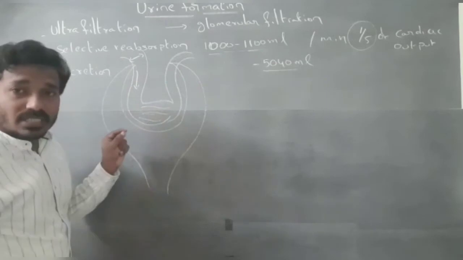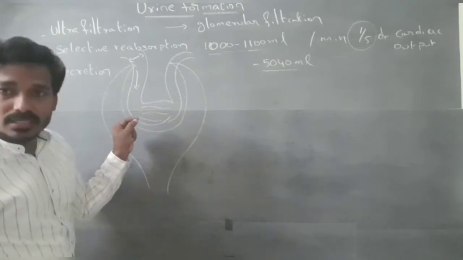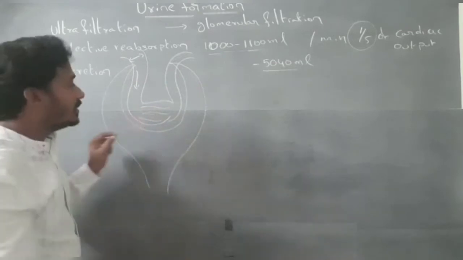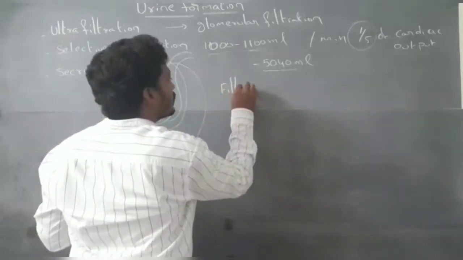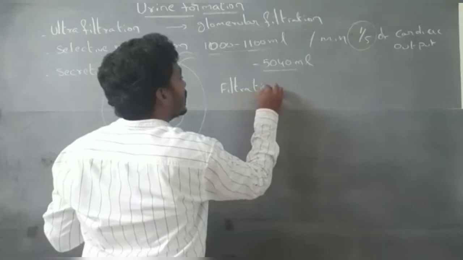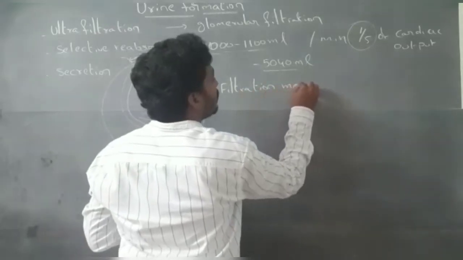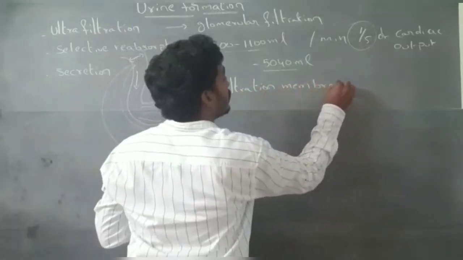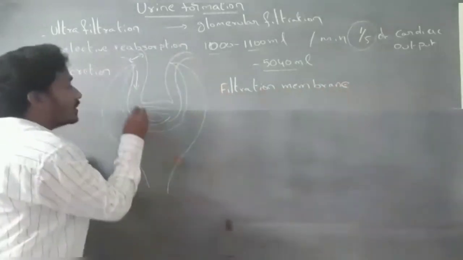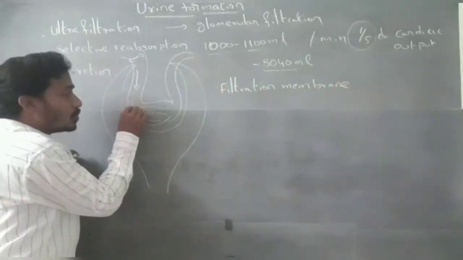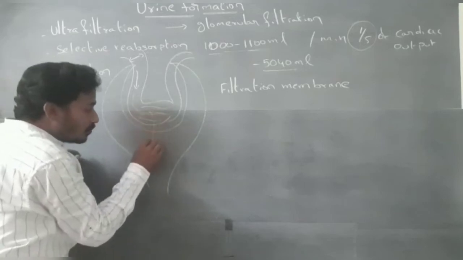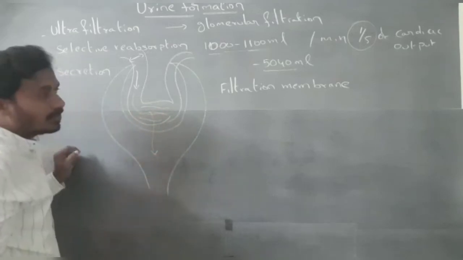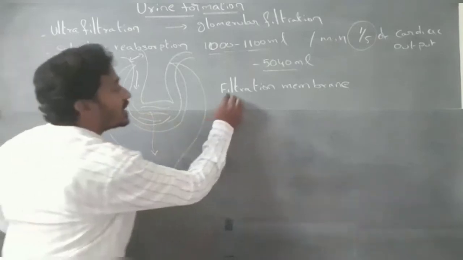The blood present in the glomerulus is filtered by the filtration membrane into the Bowman's capsule.